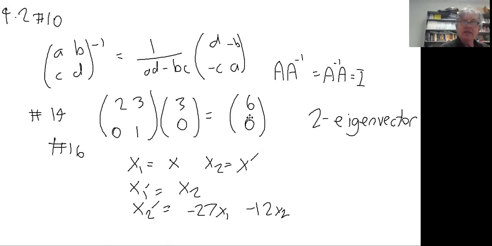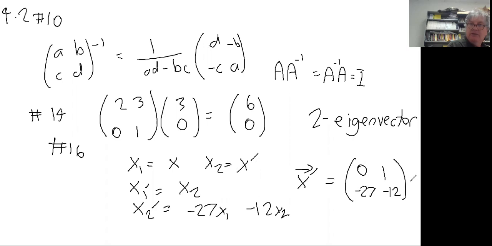Writing that as a matrix, it is just x prime equals [0, 1; minus 27, minus 12] times x. And the only thing that people got mixed up with is they mixed up the minus 12 and the minus 27. Okay.